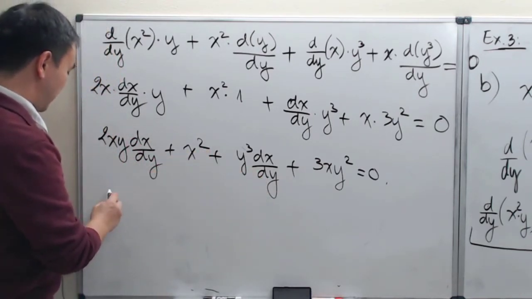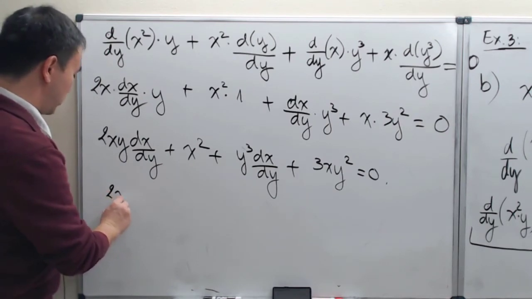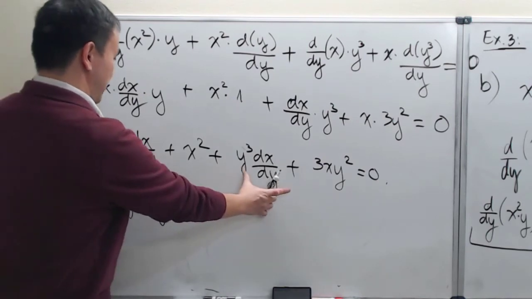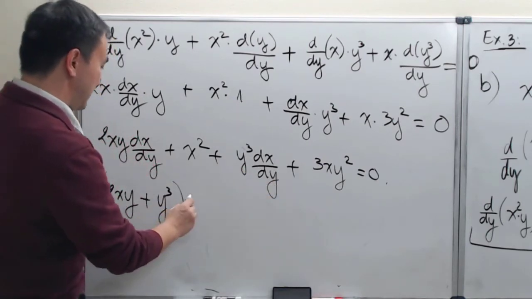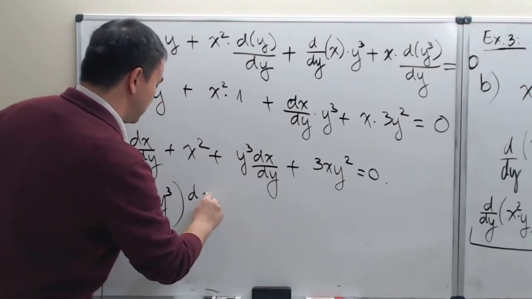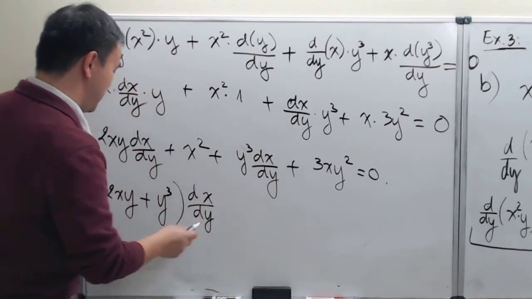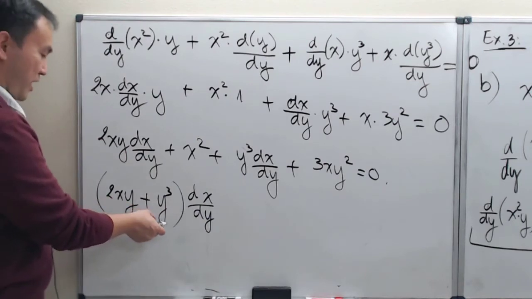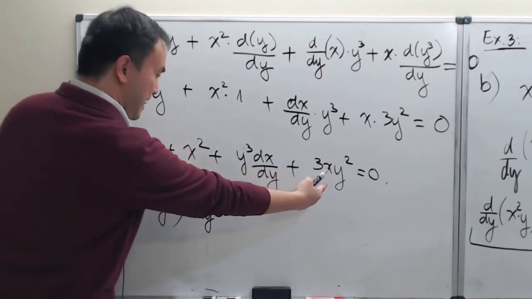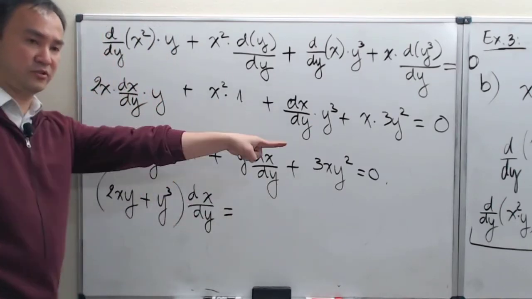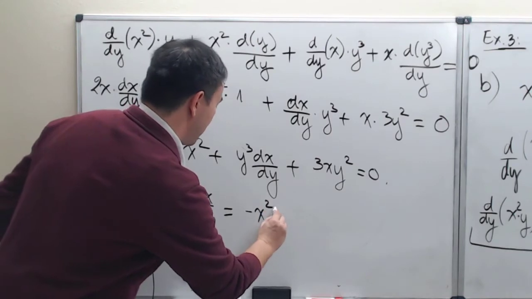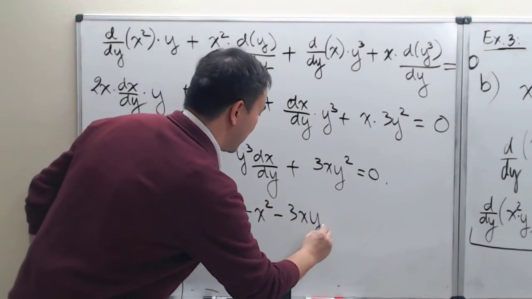So I'm looking at 2xy plus y cubed, after factoring out the dx dy, times dx dy equals all these non-dx dy terms brought to the opposite side, so minus x squared minus 3xy squared.